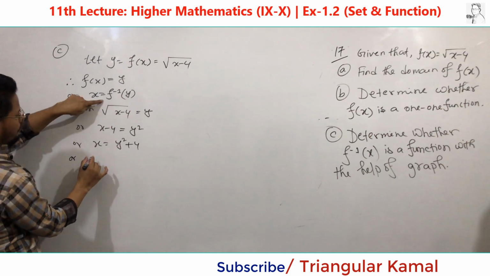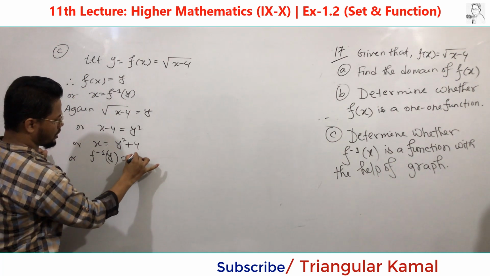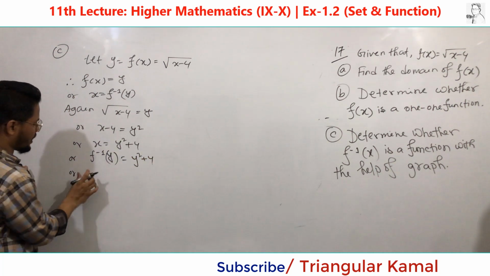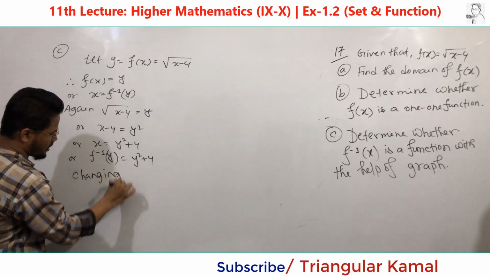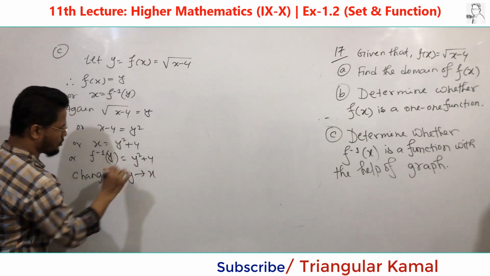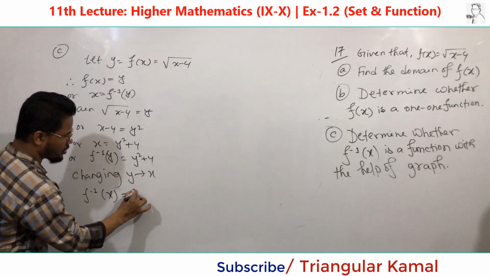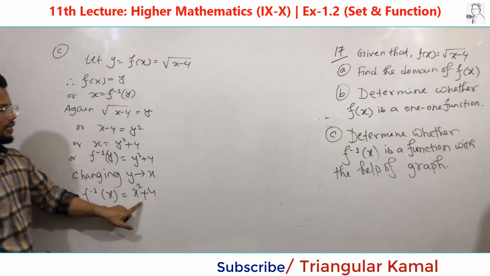Now what is the value of x? f inverse y equals y square plus 4. Now changing the variable, changing y to x, we get f inverse x equals x square plus 4. So this is the inverse function.